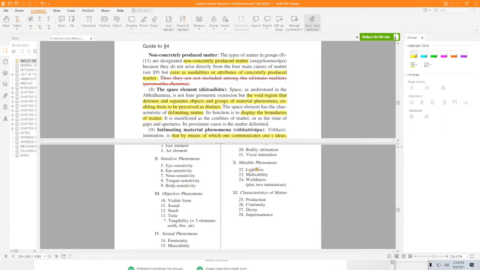So even when they speak about lightness, malleability, and wieldiness as properties of matter, they were probably basing this on the way they experience the body in different states of meditation. Like if the body was light, malleable, and wieldy, it would be conducive to quick samadhi and quick functioning of insight. Whereas if the body was heavy, rigid, and unwieldy, then it would be obstructive to their meditative progress.